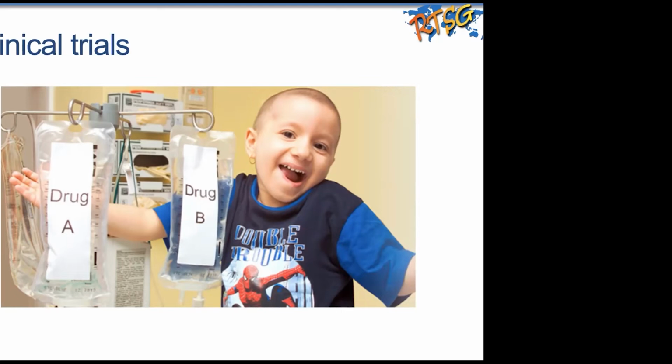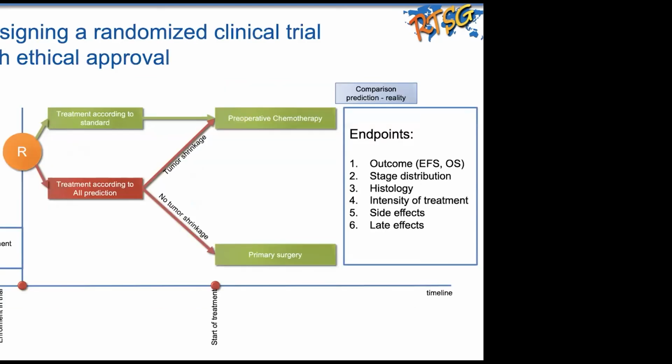And the question I'm asking now is, can we use an AI model or another model and use it as a new drug? So there would be the design of a randomized clinical trial where you will need ethical approval, where you randomize after diagnosis and having the result of your model, so that you treat half of the patients according to the standard treatment and the other half of patients according to the AI prediction.